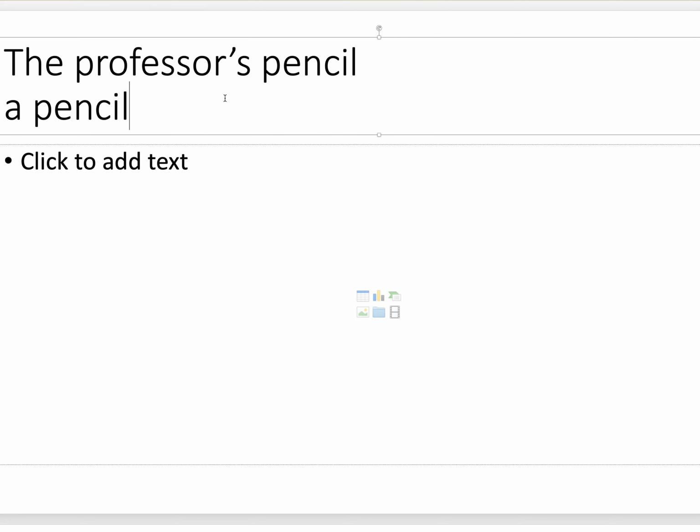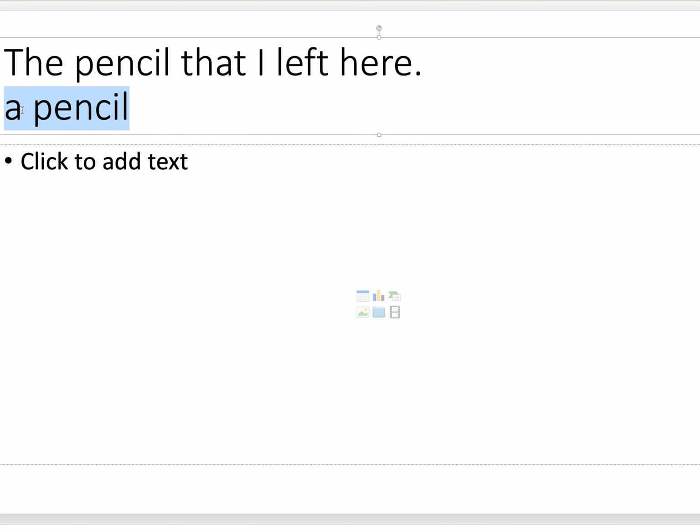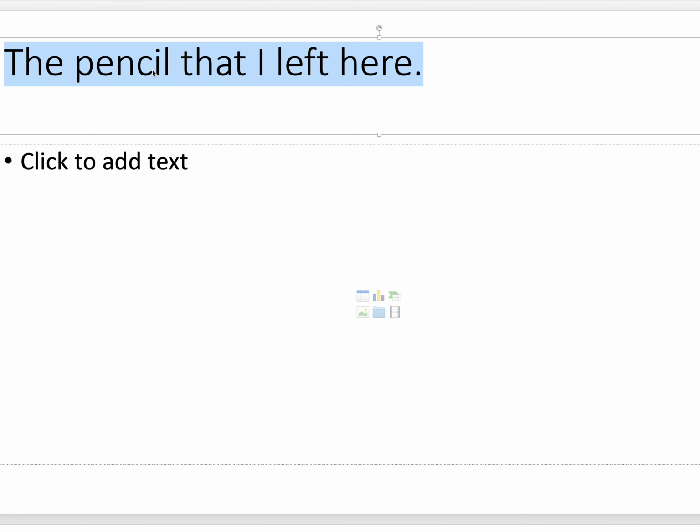It is the professor's pencil, or the blue pencil, or the pencil that I left here, right? Suddenly, a pencil is not enough of a describer sometimes, right? So if we want to be more specific about what object we mean, we use the, right? The pencil that you gave me instead of a pencil, right? The pencil that I left right here, the blue pencil. So the is called a definite article.